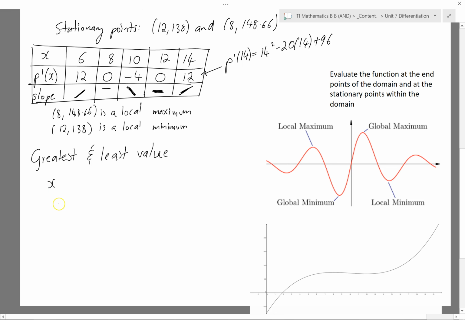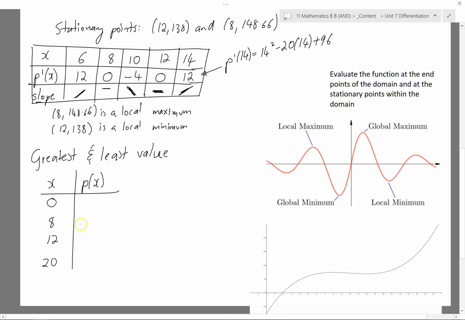I'm looking at the endpoints, so 0 and 20, and I'm also looking at any turning points in between, so 8 and 12. Okay, and at all these points, I'm looking at what's the profit for that number of computers.